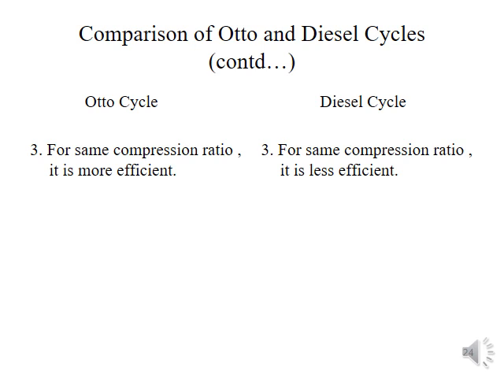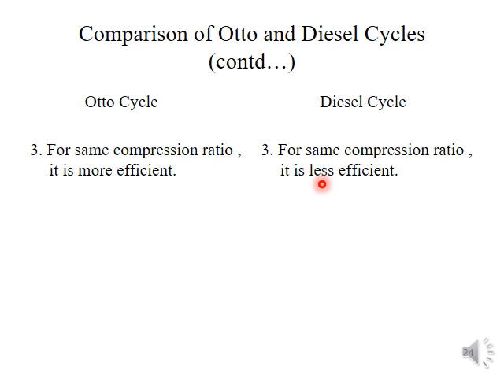But here in the Otto cycle, we are giving heat at constant volume, whereas in the diesel cycle we are giving heat at constant pressure. For the same compression ratio and heat input, the heat input is very important. For that, the efficiency of an Otto cycle is more than the efficiency of a diesel cycle.